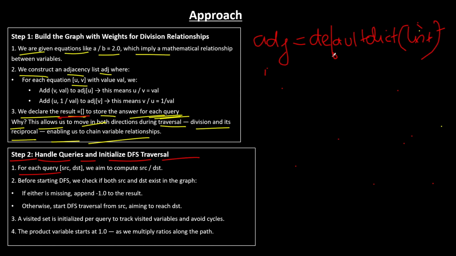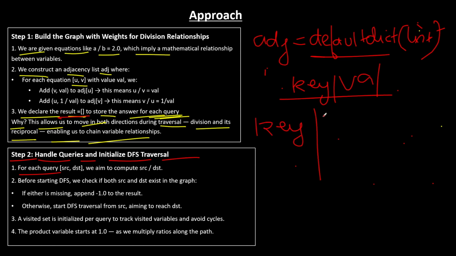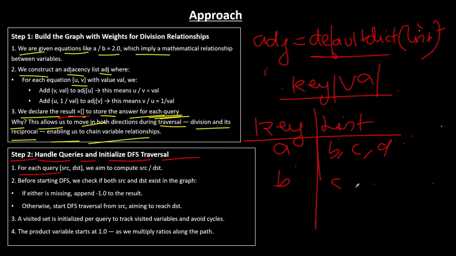Basically, a dictionary is key-value pairs, correct? But in this case the value part will be a list. So if A is there, there could be B, C, B, and for B, there could be C, D, A. This will help us in searching the values.